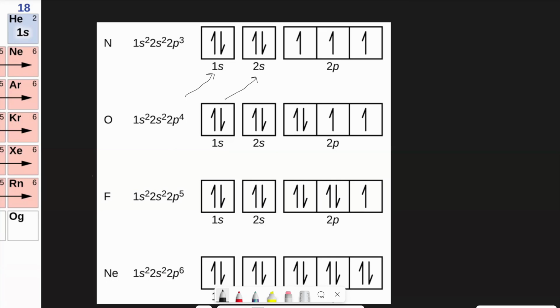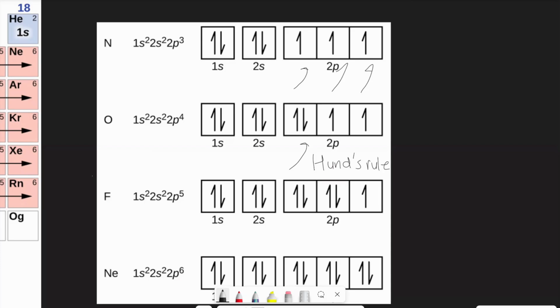So we go 2s, 1 up, and another one with a downward spin. Then once we get here, we have to fill in each of these upwards first, and only after we've filled all of those can we fill in a downward spinning, or opposite spin, electron within that first orbital in the 2p subshell. This is according to a rule known as Hund's rule.